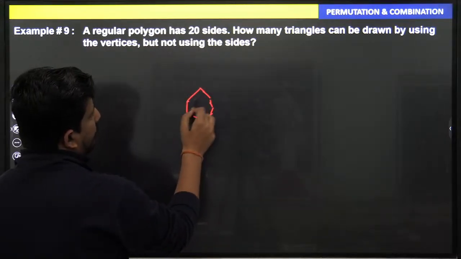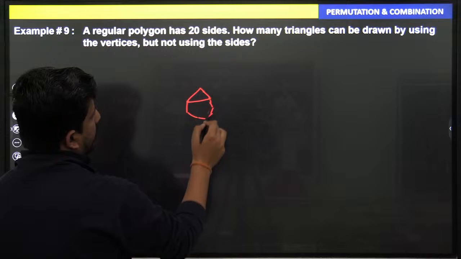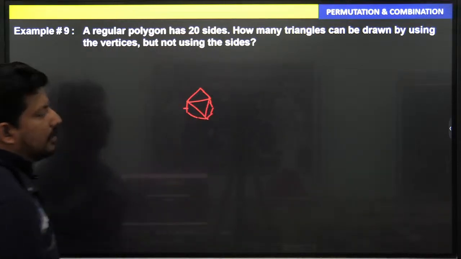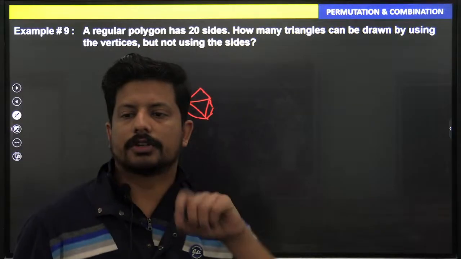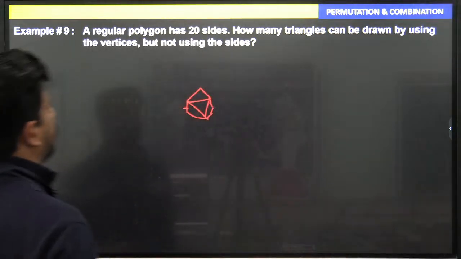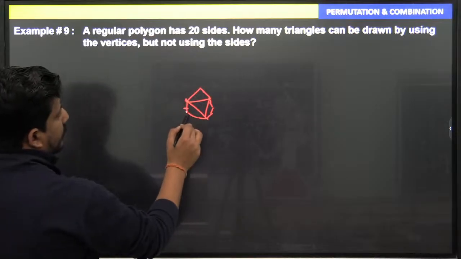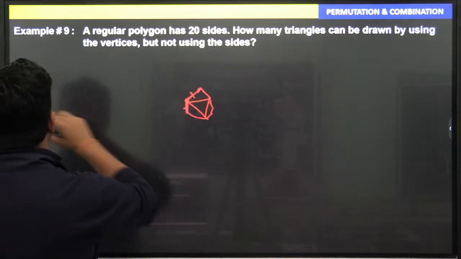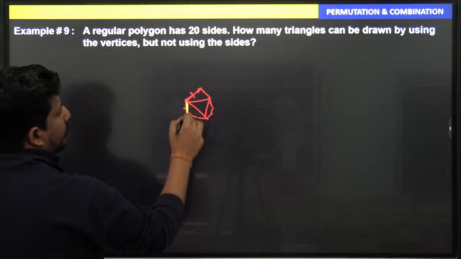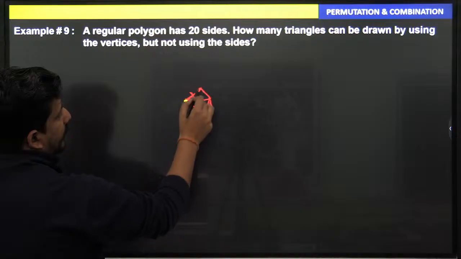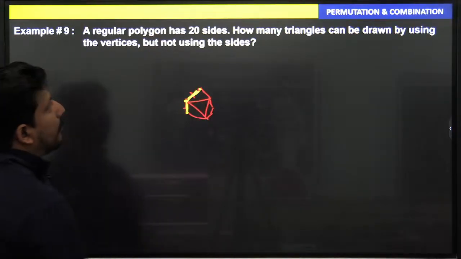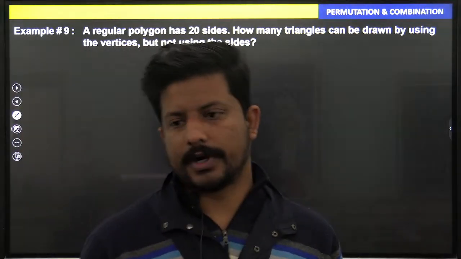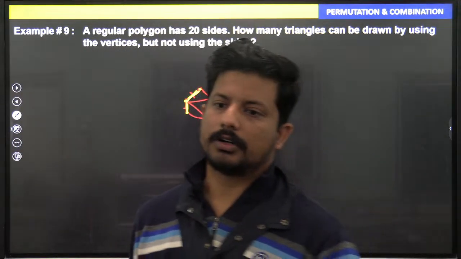They are saying that you have to use the vertices but not the sides, which means you cannot use consecutive points. If you use this point and this point, then this line comes, which is a side. You are getting my point? If you take consecutive vertices, then one line comes from the regular sides. If you do not choose consecutive points, then what comes out?